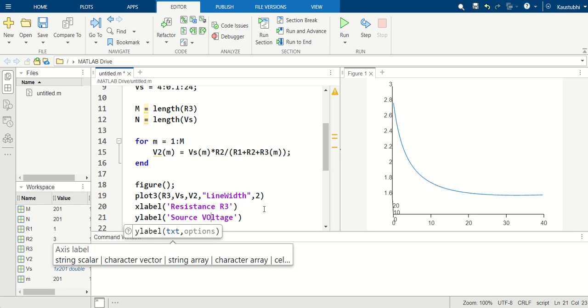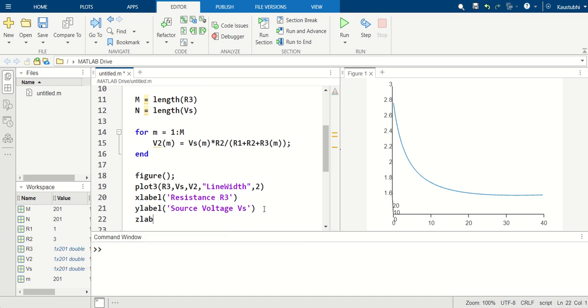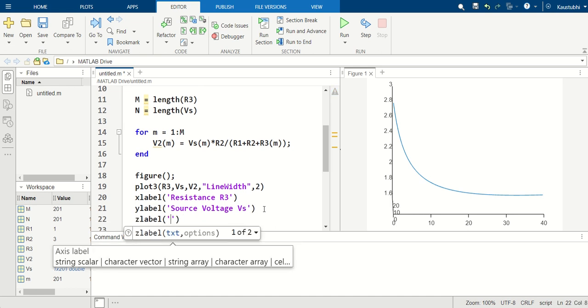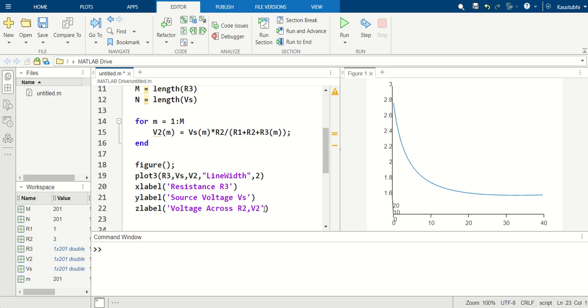That is going to be my Vs. And the Z label is going to be voltage across R2. That is, let's say, V2. So this is how you are going to see this beautifully.